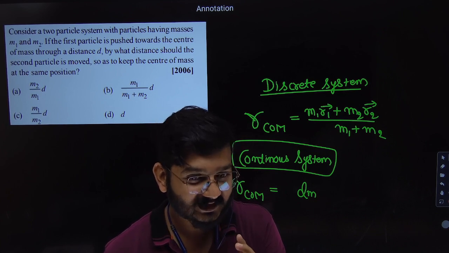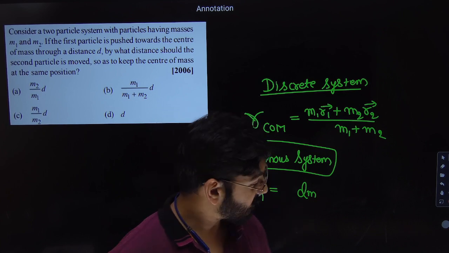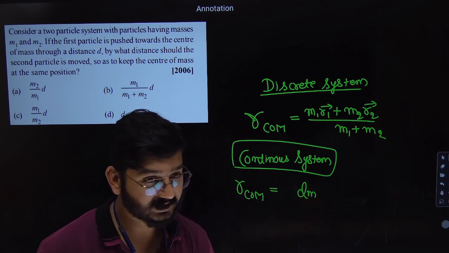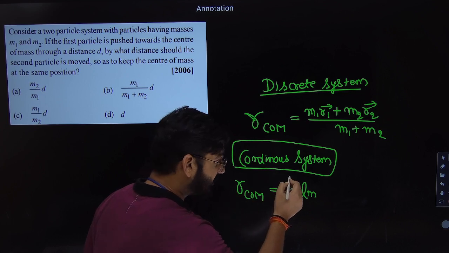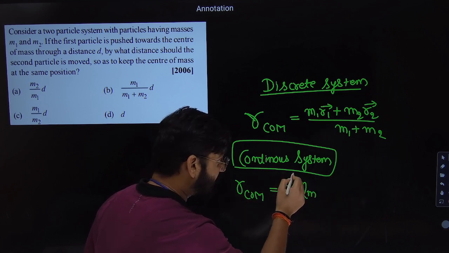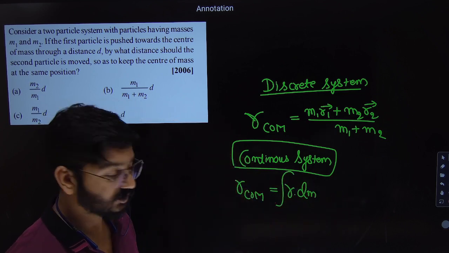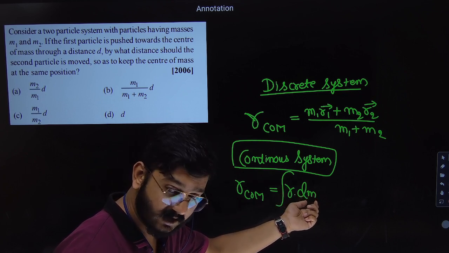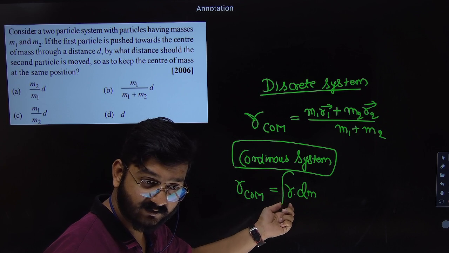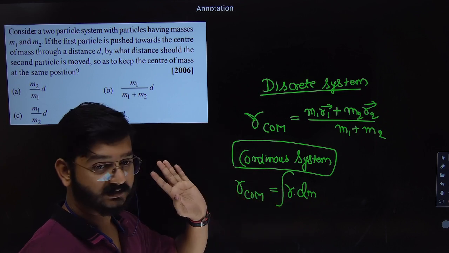Small displacement in the x direction. dl means small length. So dm is the small mass multiplied by its position. What will I do? Add. For adding, integration. You don't have to remember this as a formula: mass of the small particle multiplied by its position, I want to add all, integration.